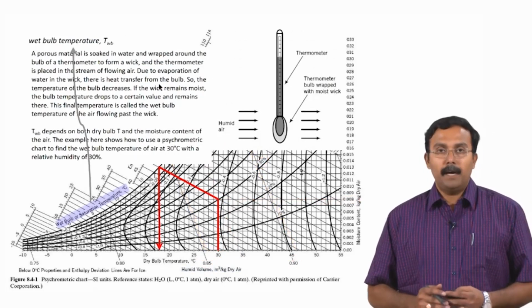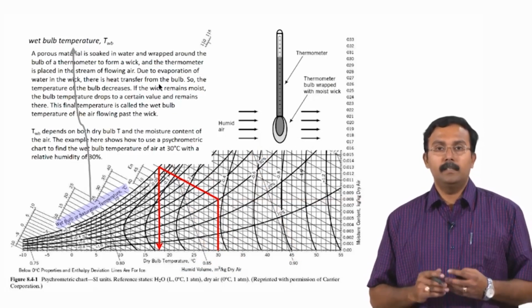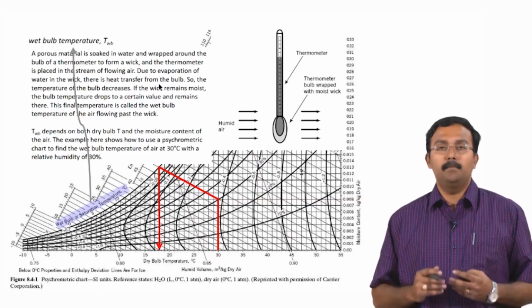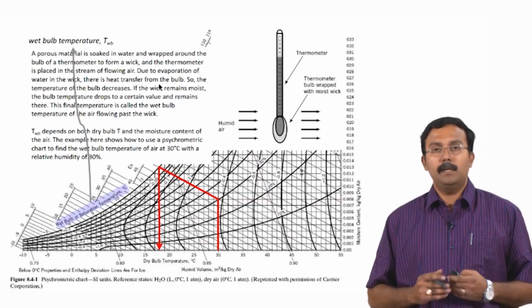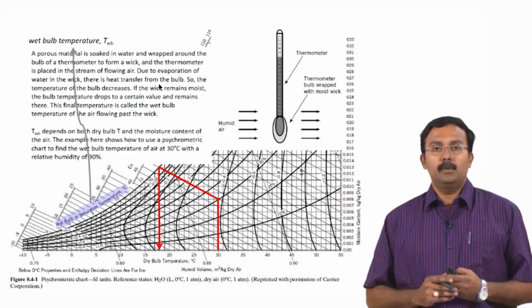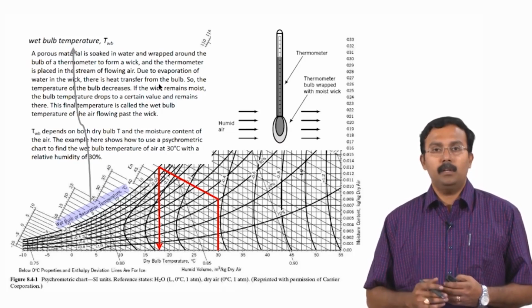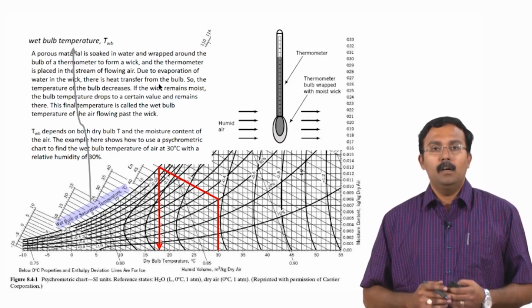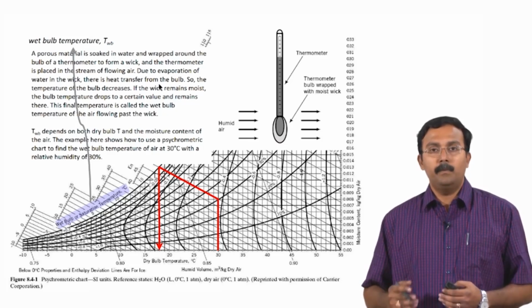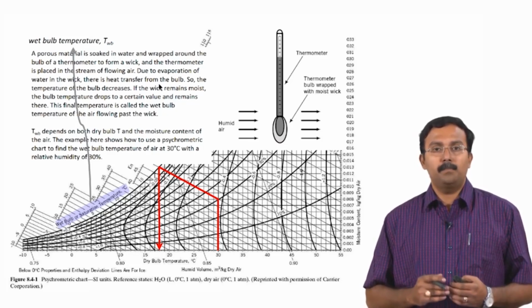This gives us an idea as to how to perform these calculations. So, another parameter which is shown here and described here is called the wet bulb temperature. What is the wet bulb temperature? The definition is given here. A porous material is soaked in the water and wrapped around the bulb of a thermometer to form a wick, and the thermometer is placed in the stream of flowing air.